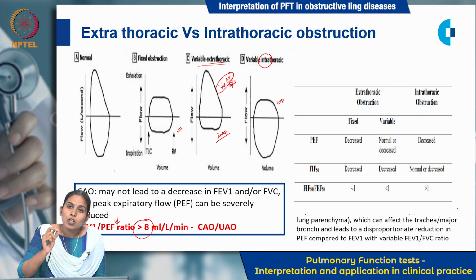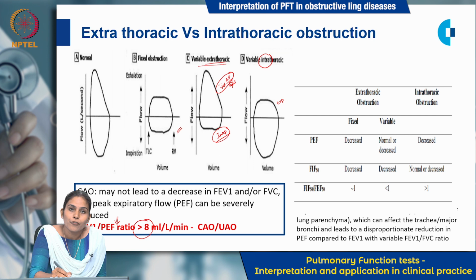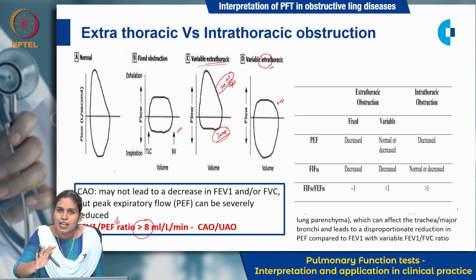Because of this drop in intraluminal pressure, your flow also gets reduced. That is why your inspiratory limb is flattening in extrathoracic obstruction, and your expiratory limb will be flattening in intrathoracic obstruction. It is similar to this explanation only.